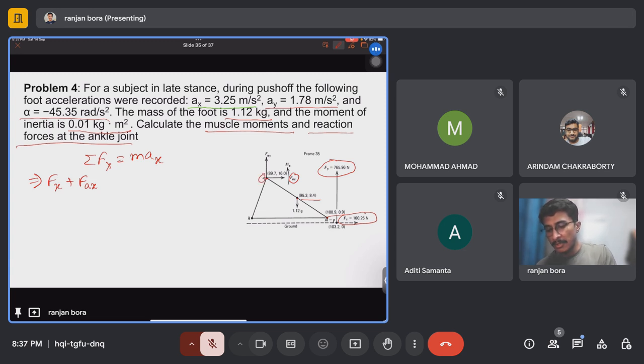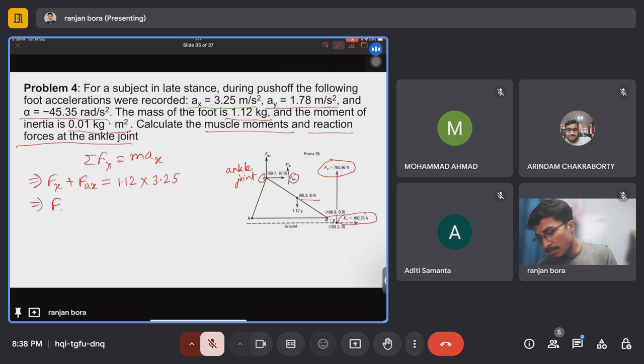Here A is the ankle joint. We have only these two forces, equal to mass, 1.12, into acceleration along the x direction, 3.25.